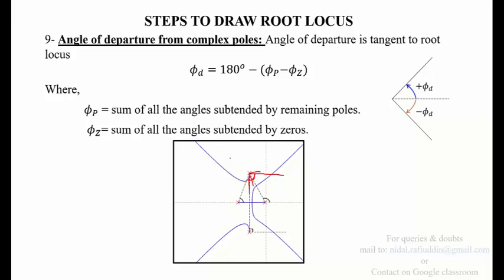So after obtaining the asymptotes and the angle of departure, we conclude that the complex poles start to move along the angle of departure, and finally go along the asymptotes that we will be obtaining.